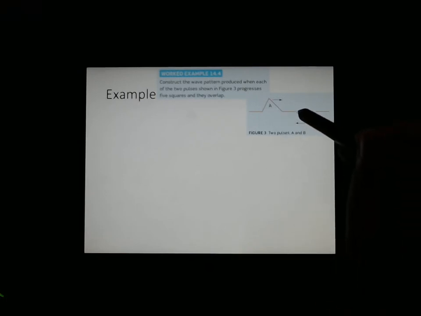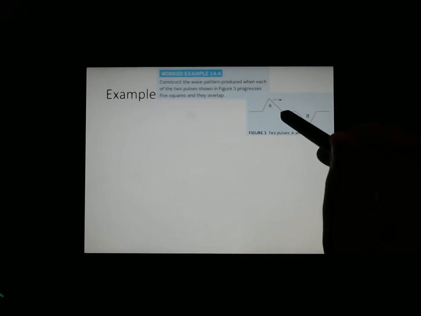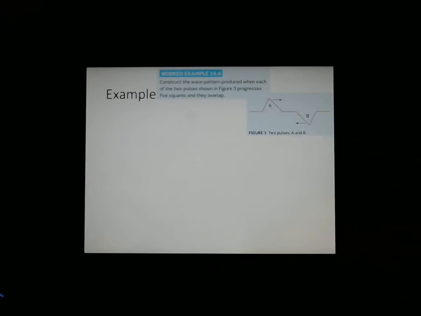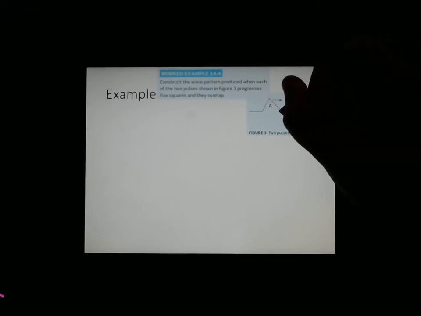So this point here will go forward 5 squares and end up about here, and this point will go forward 5 squares and end up about here. But the waves are 6 squares in length. So A is going to go from here to here, and then B would also go from here to here.